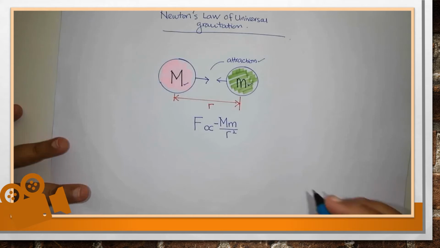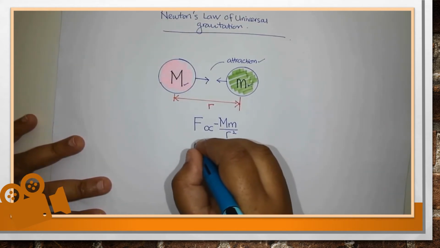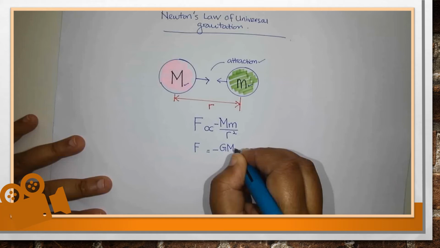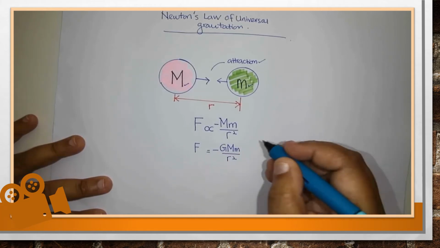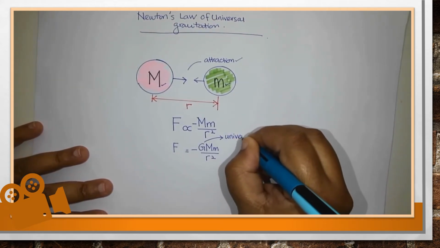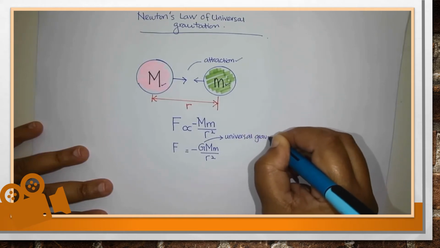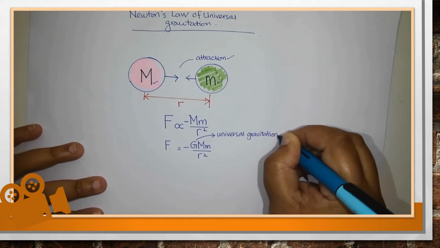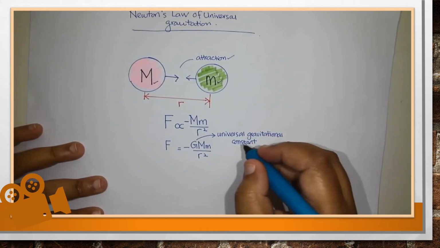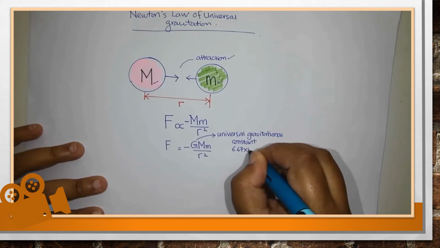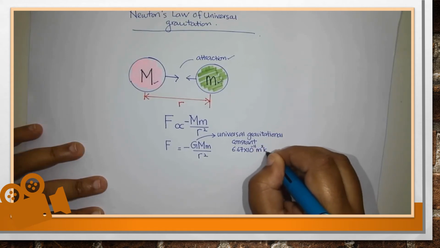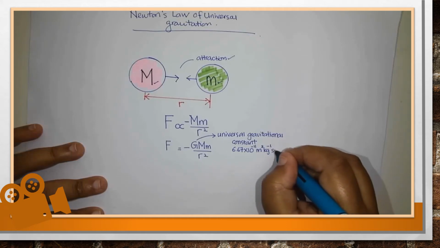When you change the proportional sign to an equal sign, you put in a constant, so F is equal to negative G M m over r squared, where capital G is called the universal gravitational constant, and the value is 6.67 times 10 to the power of negative 11 m cubed kg negative 1 s negative 2.